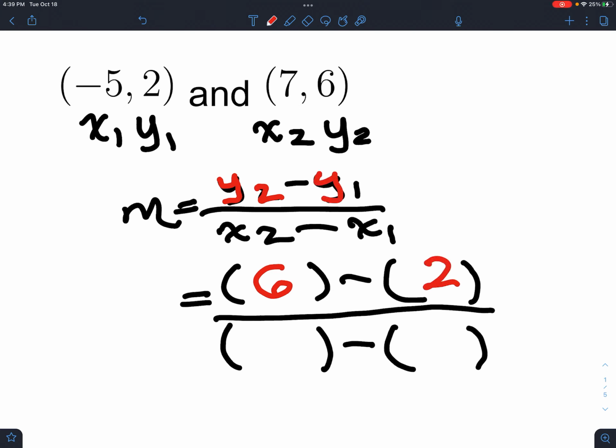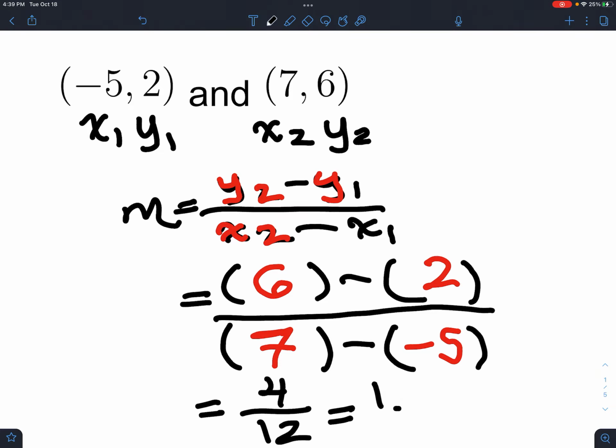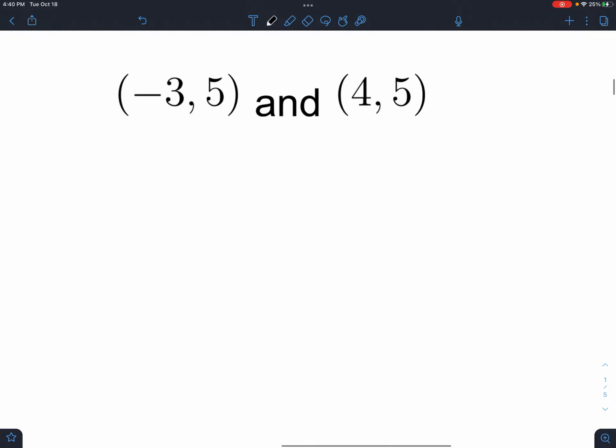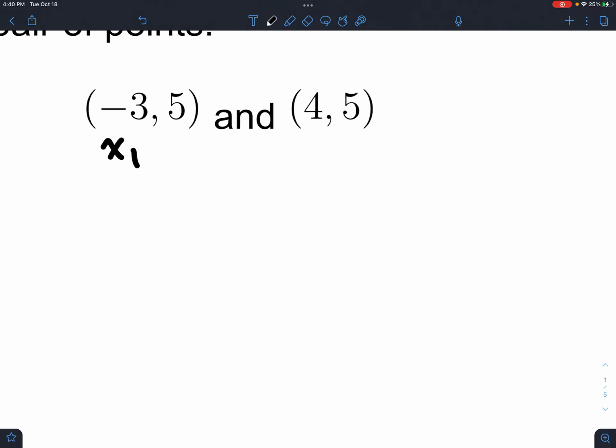And then y1 looks like it's 2. x2 is 7. And x1 is minus 5. Okay. So it turns out that this should be 1/3.